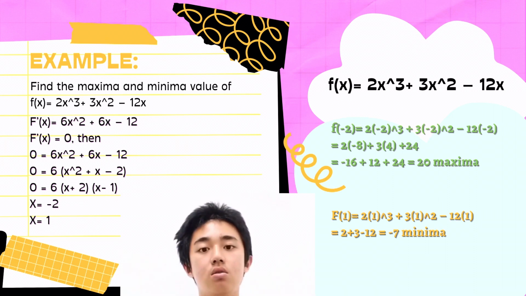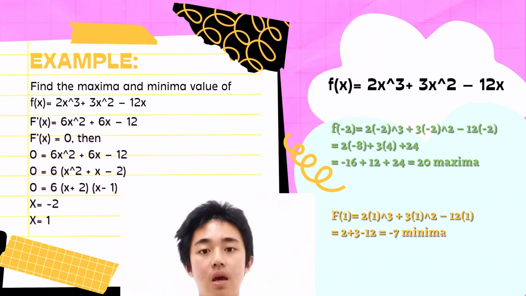And since 12x has a power of 1, when we multiply 1 by 12 it is still 12, and 1 minus 1 equals 0, so the x is gone. So the first derivative is 6x squared plus 6x minus 12.